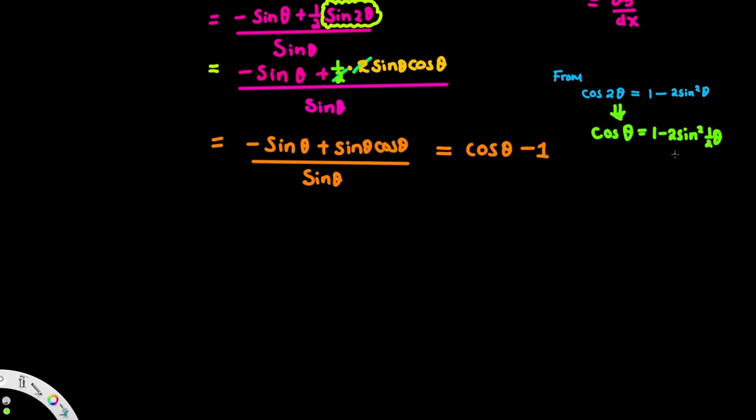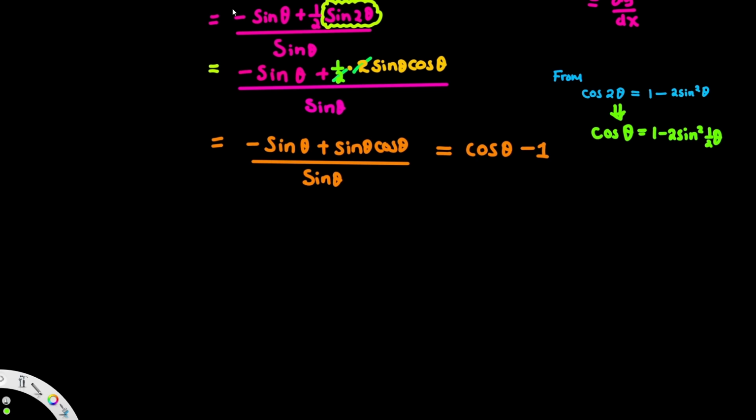If you take 1 to the left-hand side, we have cos theta minus 1, which is exactly the expression we were having.